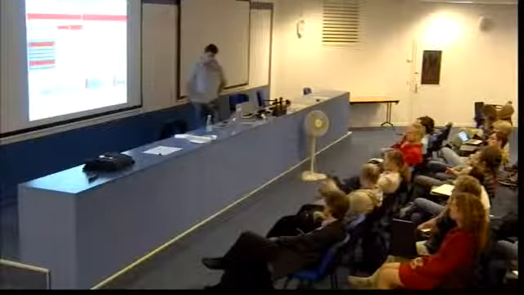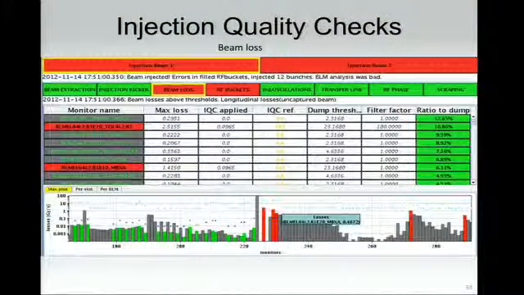So just rattling through this. We're looking here at the behavior of the extraction, injection kicker, beam loss, the RF, injection oscillations, transfer line, RF phase, and so on and so forth. And this is actually comparing measurements against references and deciding whether or not it's okay to carry on.